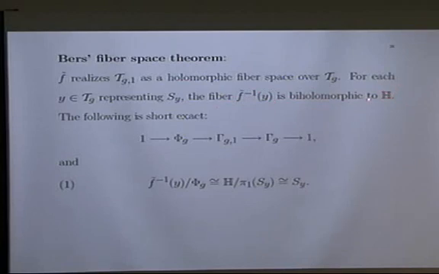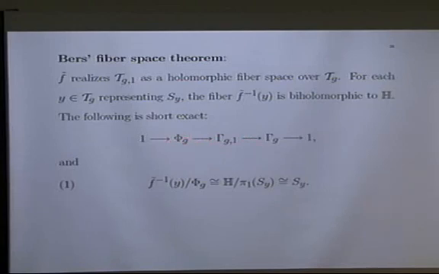Moreover, you have this short exact sequence of groups: Gamma_{G,1}, the modular group for Riemann surfaces of type (G,1), Gamma_G, and then the quotient Phi_G, which fixes the Riemann surface.